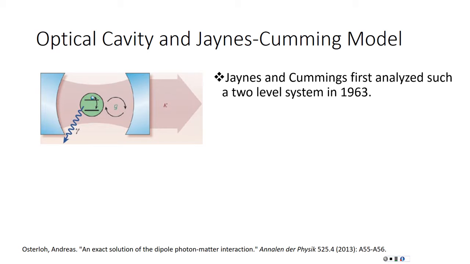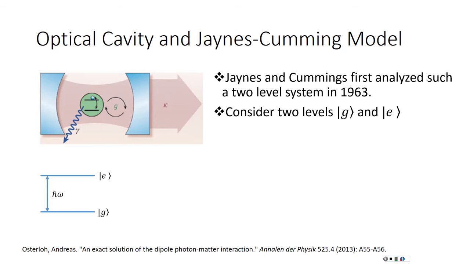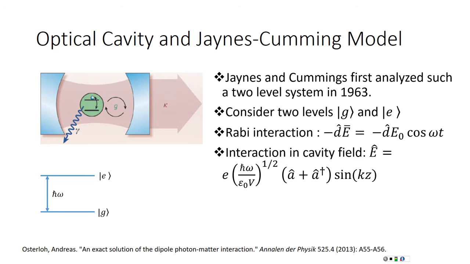Jaynes and Cummings first analyzed such a two-level system in 1963, and considered only two levels: ground state and excited state. If we consider other similar systems like the Rabi interaction system, they consider the interaction only by dE cos omega t.